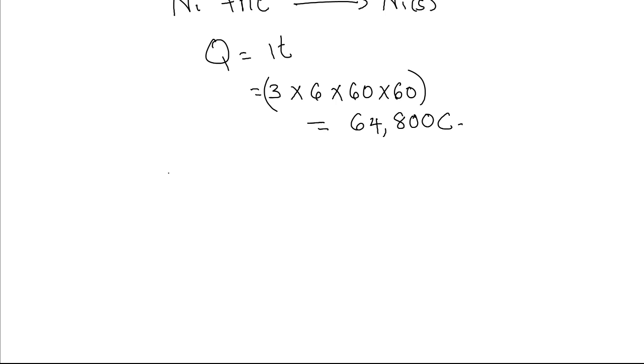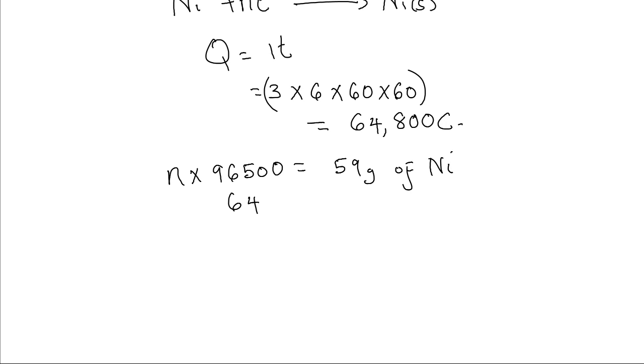Now N by 96,500 gives 59 grams of nickel. Remember, that is the RAM of nickel. 64,800 gives 19.8 grams of nickel.